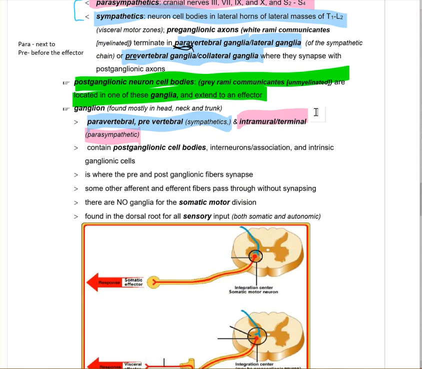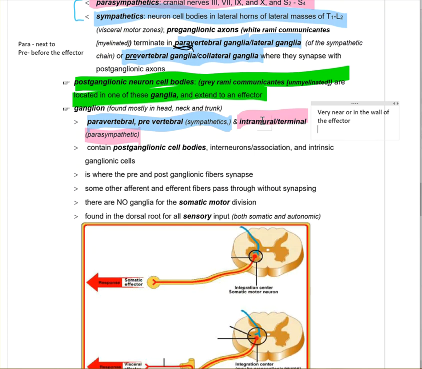And so what this wording tells us is that these ganglia are very near or in the wall of the effector. Okay, so in parasympathetic ones, we have the ganglia, but they aren't close to the spinal cord, or in between. They're way at the end near the effector itself. And so we call those terminal or intramural ganglia.